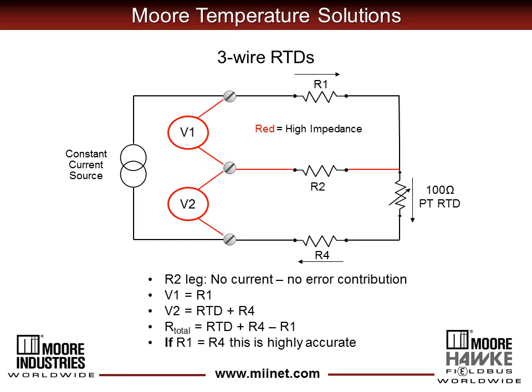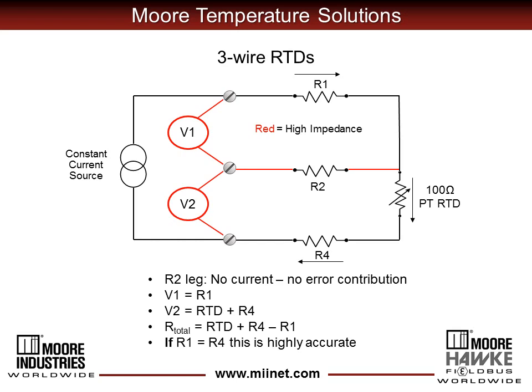So for all practical purposes, there is no current flow through that third lead. Thus, R2 never enters into the equation, or the lead wire resistance of that third leg never enters into the equations.